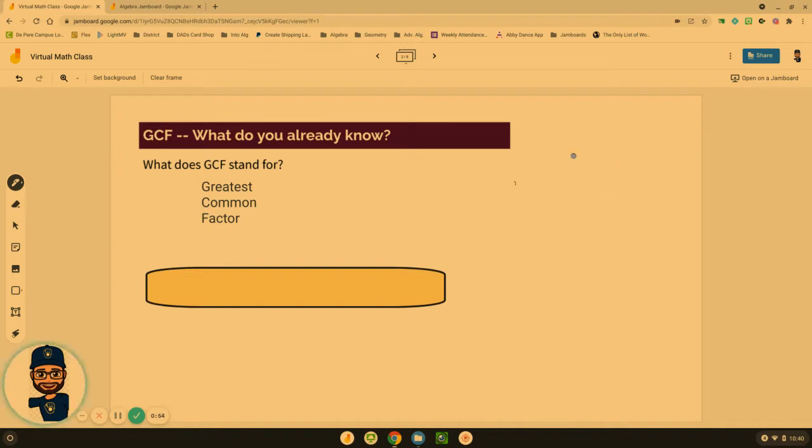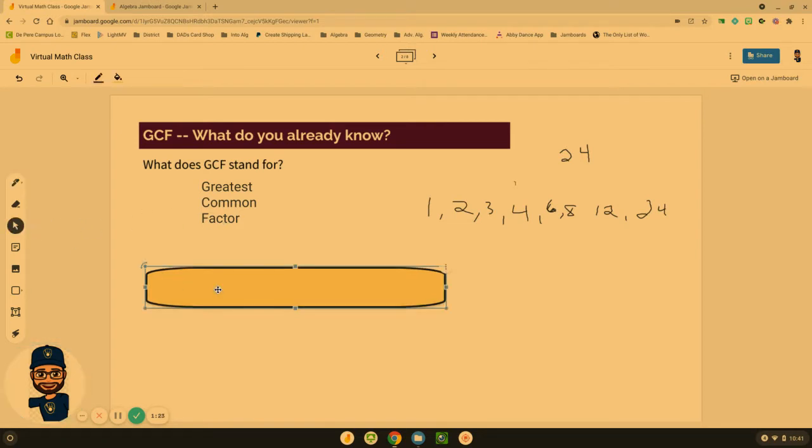So like if I look for, let's just say the number 24, the factors of 24 are 1 with 24, 2 with 12, 3 with 8, and 4 with 6. Those are all called factors because they go into 24 evenly, so to speak. All right, and so factors.